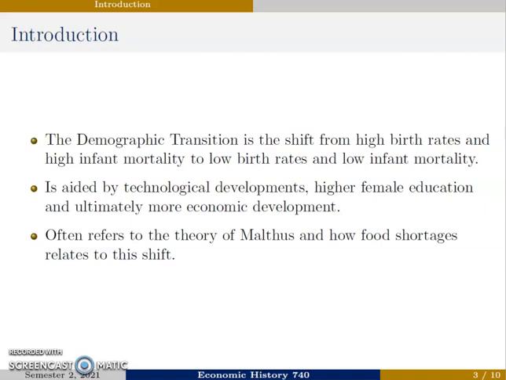There's also discussion on wealthy fertility versus poor fertility, if I can call it that. So people who have more wealth tended to start having more children, and that shifted at one stage to the wealthy having fewer children and the poor more children.